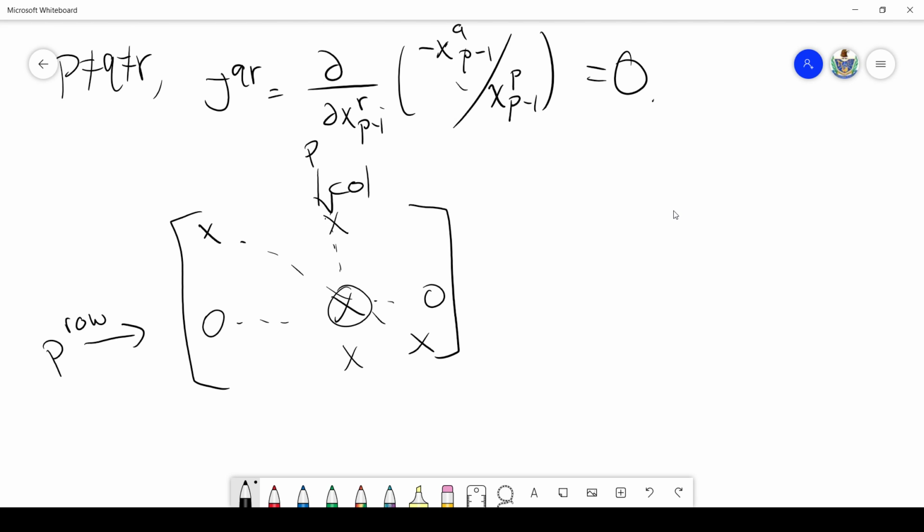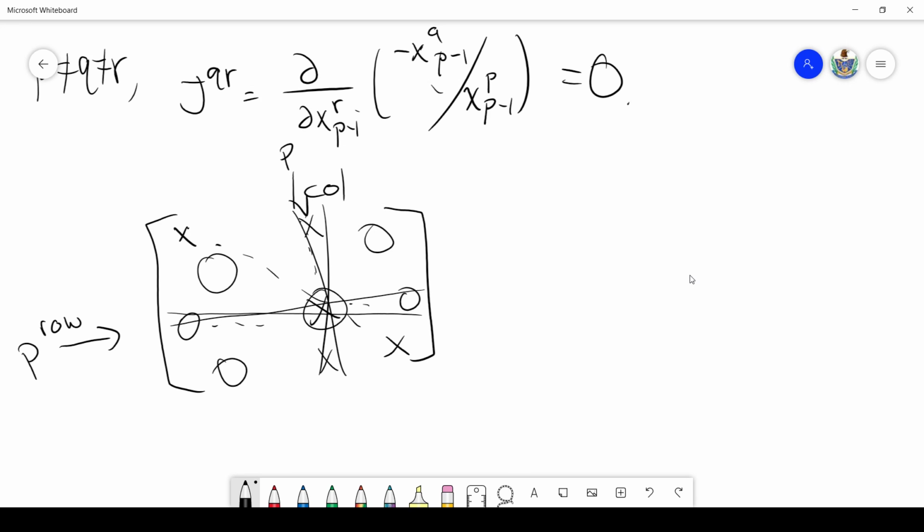So if we consider a cofactor expansion along this row, essentially what we'll have is this term times the determinant of the matrix formed by removing this column and this row. Everything else is 0 except for the diagonals, so the determinant of the resulting matrix is just the product of these diagonal terms.